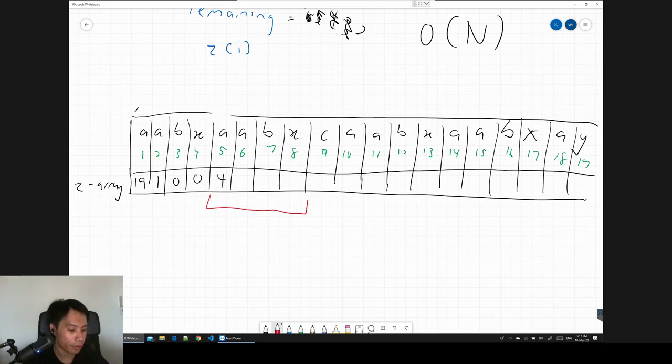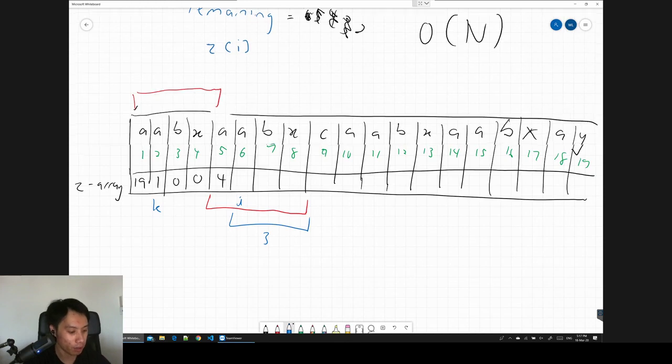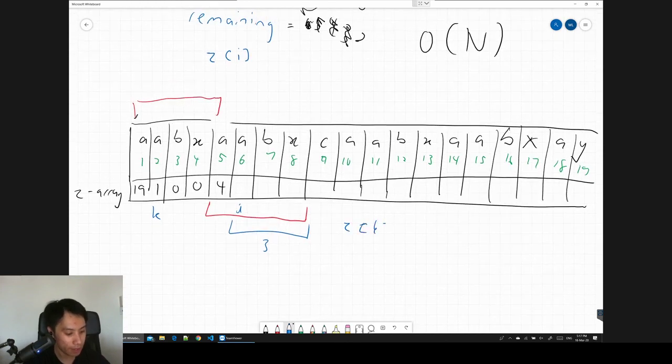Because I have the Z box of 4, I know the 4 alphabets are the same, AABX, AABX. Now I want to know my I. Because it's within a Z box, I also have a K. My remaining is going to be 3. So ZK equals 1, remaining equals 3.